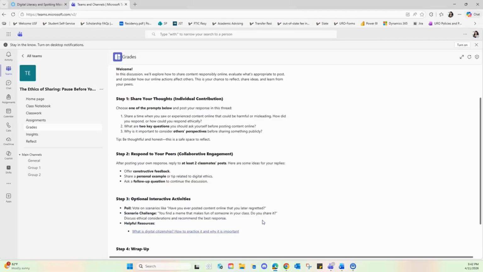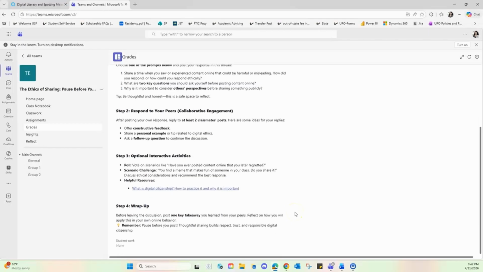Students participate in a poll where they vote on scenarios, such as whether they have ever posted something online that they later regretted. We also include a scenario challenge. For example, if you find a meme that makes fun of someone in your class, would you share it? Students then discuss the ethical considerations and think through the best response.